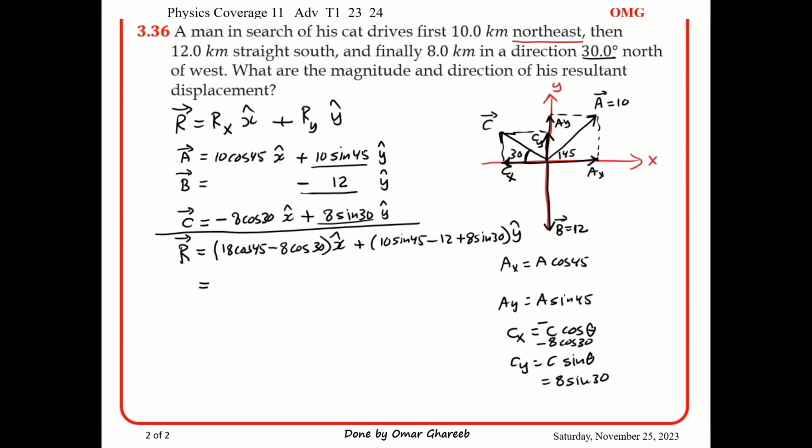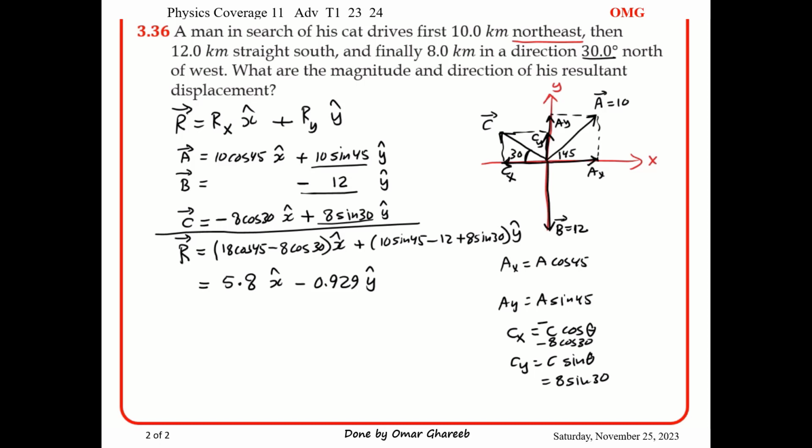Use your calculator to find these two components. For the x component, it is 0.143 x hat. For the y component, it is minus 0.929. These are our two components.